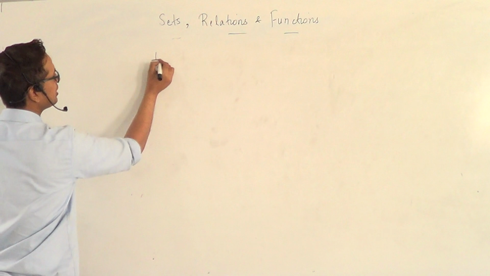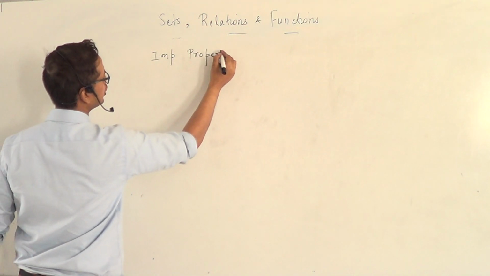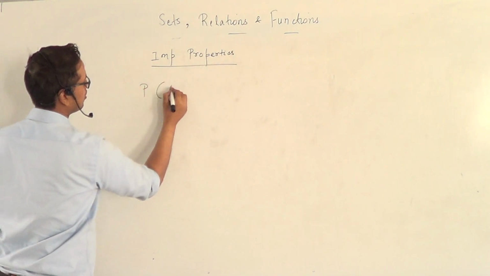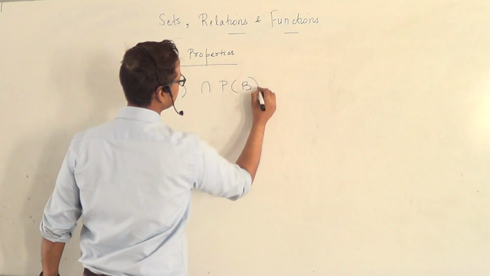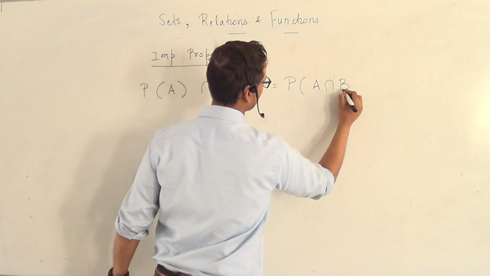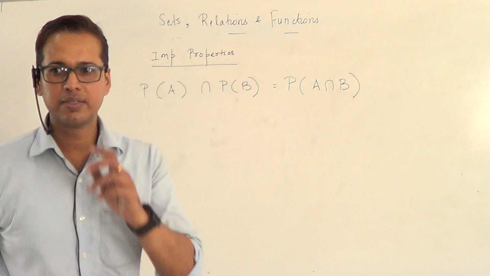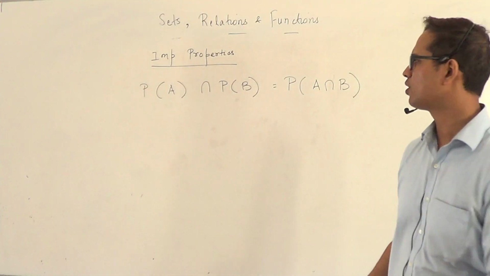Just two important properties of power set. Power set of A intersection power set of B is equal to power set of A intersection B. Will we be proving all of these? No. We are only taking proofs which are very important.